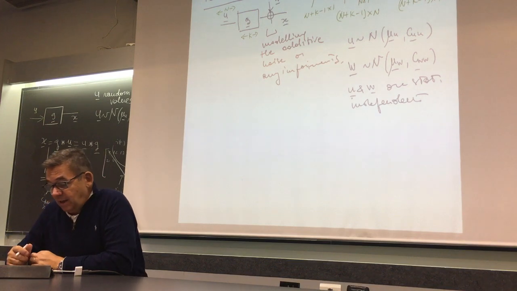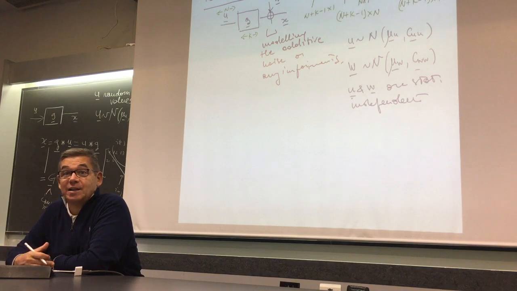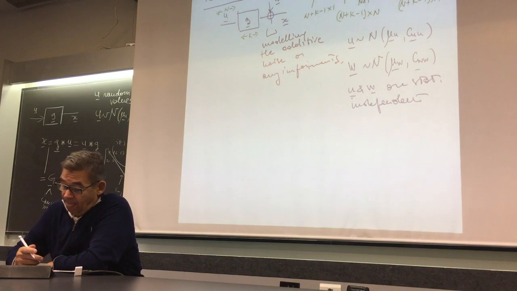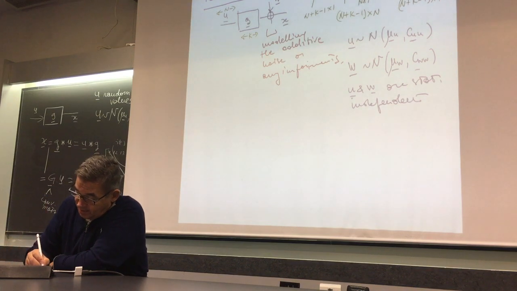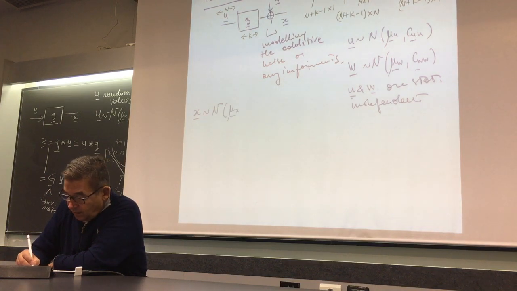So if we are in this case, my goal is to establish what is the property of X. When I write X, I say X is random, behaving as normal with a mean mu X and a covariance CXX.